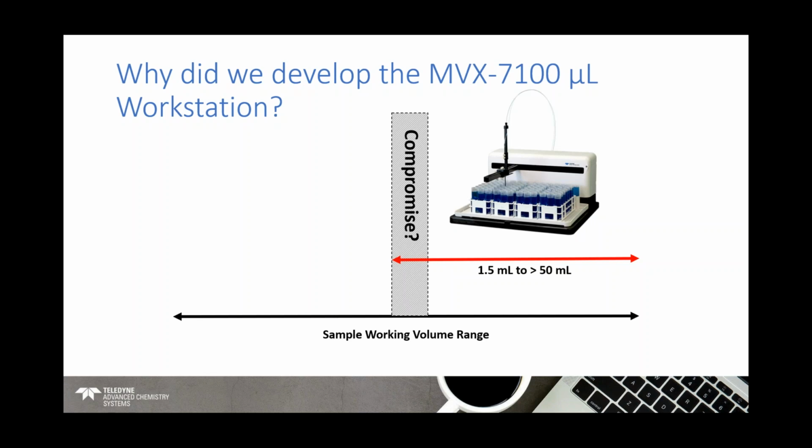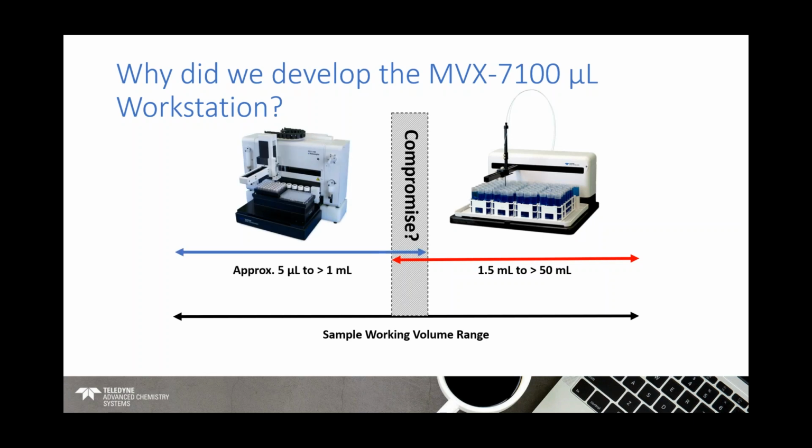So we developed the MVX 7100 system to sit on the other side of this line to cover this compromise. We developed this system with an ability to cover sample volume ranges far lower than this, and then to hand over in that compromise region.